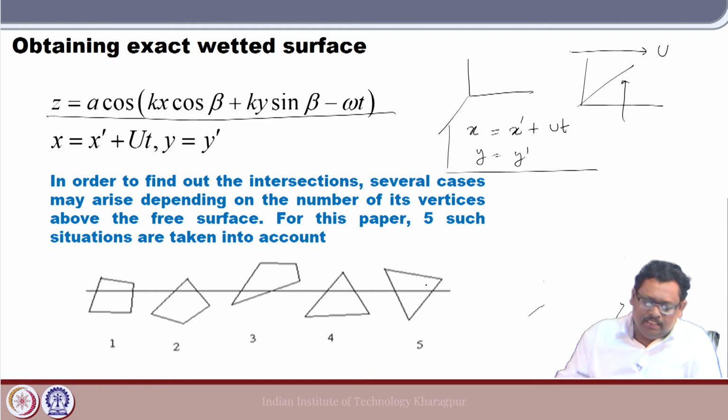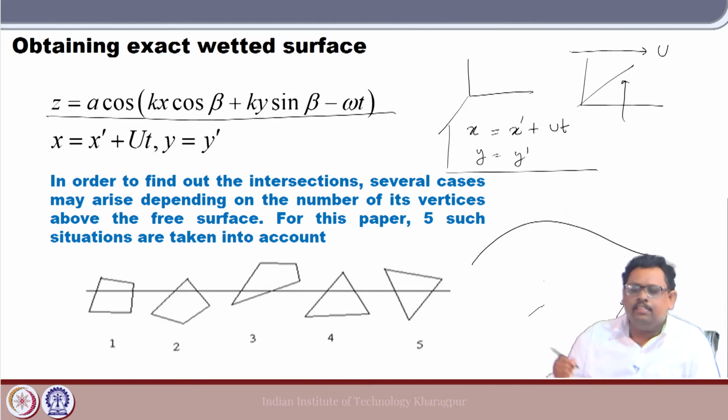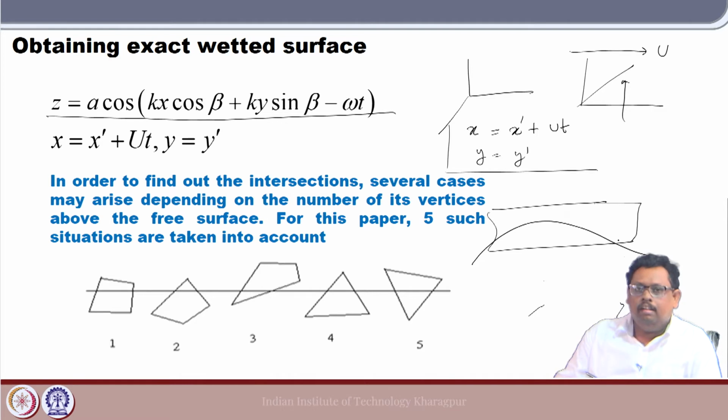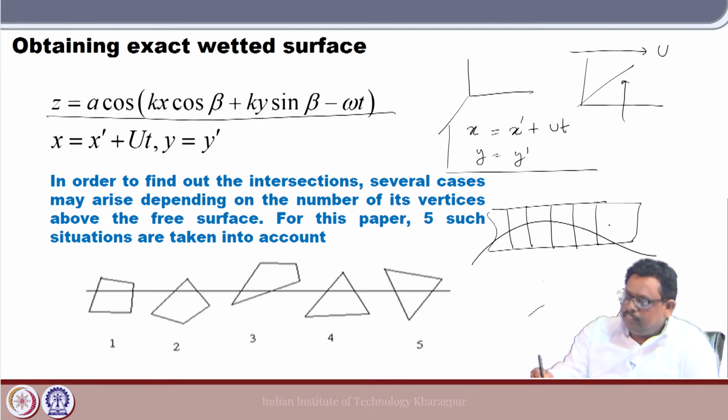Now, you can see there are 5 possibilities. This black line is nothing but, let us say, the exact wetted surface, and this is your panel. To make it more clear, we can further split it this way.